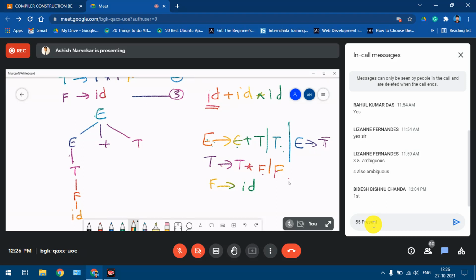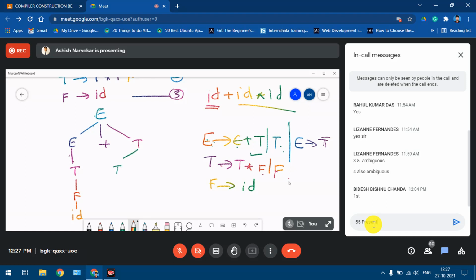Now look at the productions and accordingly expand this. T can be rewritten as T star F or F. But what we want is id into id. Directly replacing by F will just give us id, and we'll end up with just id plus id. But we want id plus id into id, so we'll have to choose this particular production.